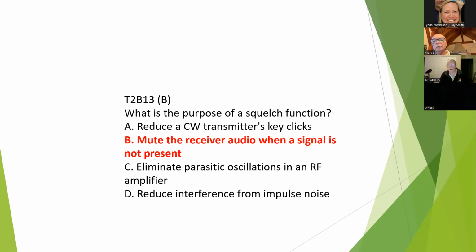That makes your radio quiet until you hear a strong signal. So basically, to mute the receiver audio when a signal is not present. It's very handy because it makes it a lot less noisy. But if you are trying to catch a weak signal, then you've got to try to find it in the background noise.